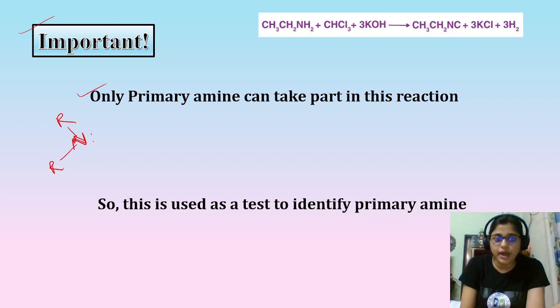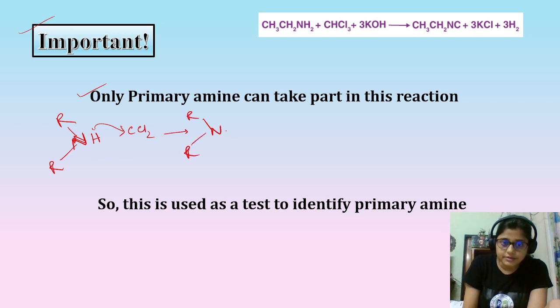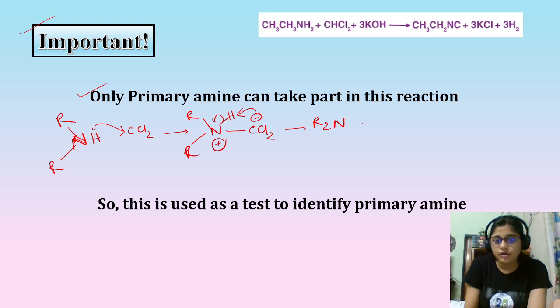Let's say NR2 and H is there, and it is attacking the CCl2. So let's say R, R is there and CCl2 minus is there, and it will abstract the proton from here as it will be positive, and it will be neutralized now. Now R2N is there, and CHCl is there.